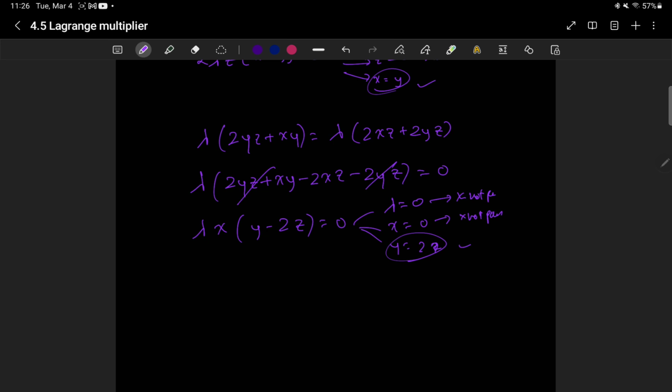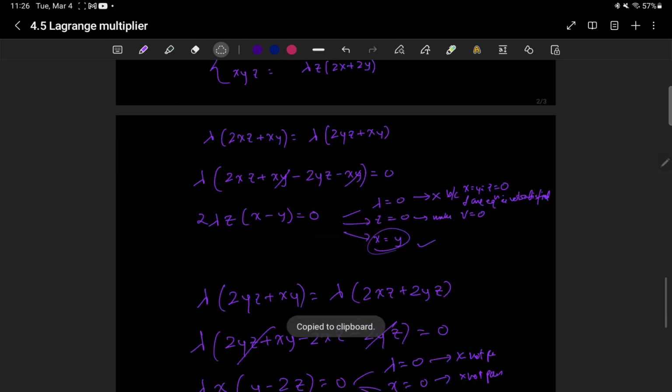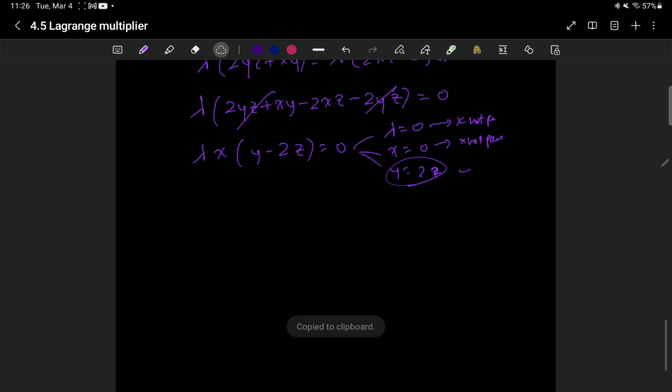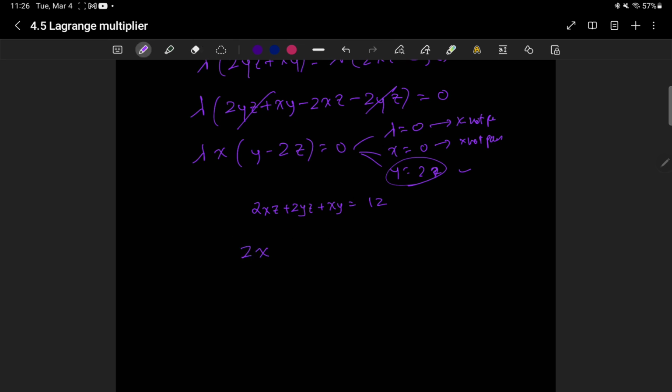Okay, now if I use the constraint equation right here with the relations that we have obtained, which is x equals y and y equals 2z, we will now have an equation in one variable. So what would that be? x equals 2z.